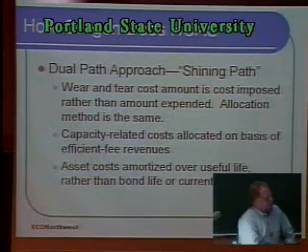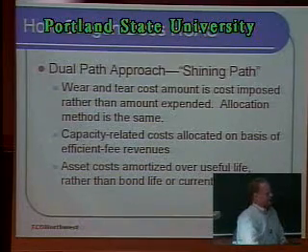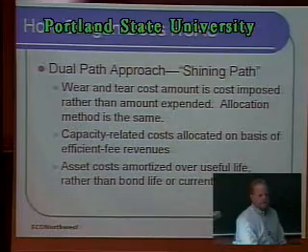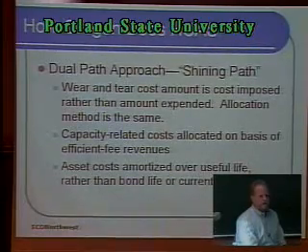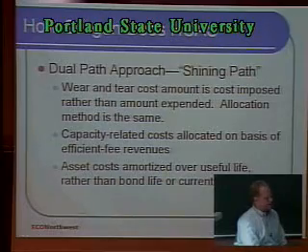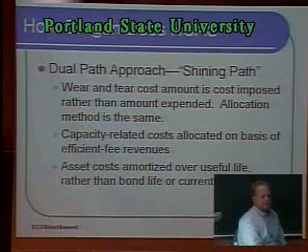And then we do an alternative study, sometimes referred to as the shining path, where the types of allocation procedures that economists like best are applied, and the results are compared to the traditional approach. In the 2001 study, the final results were very similar.